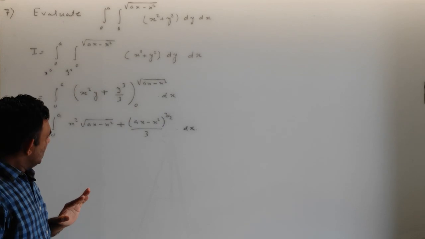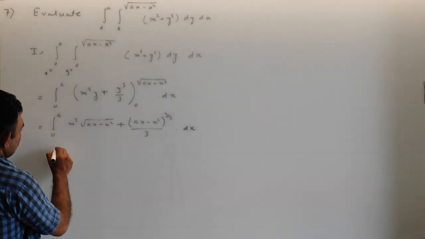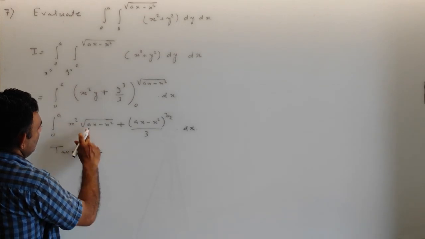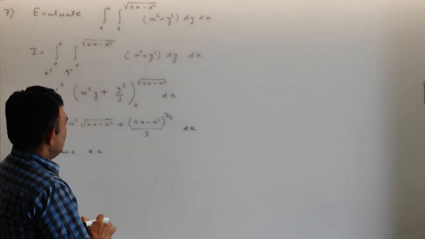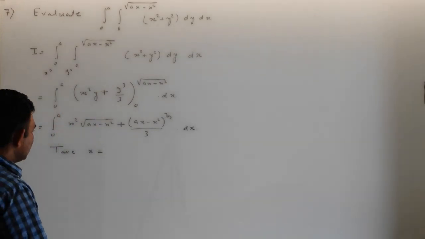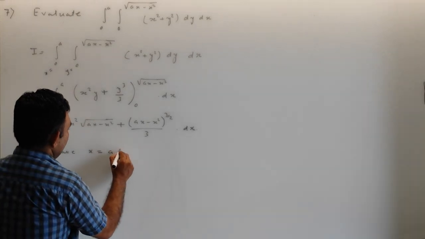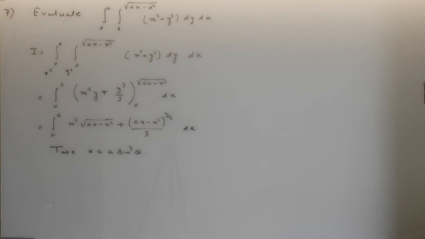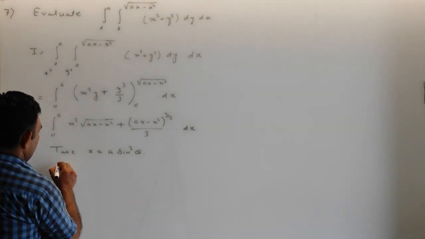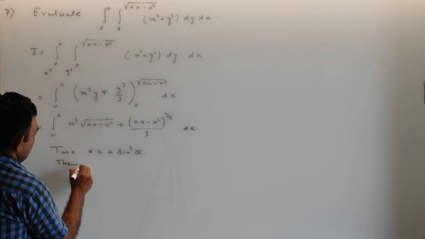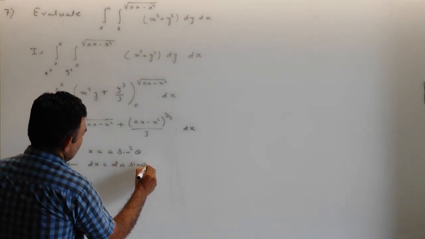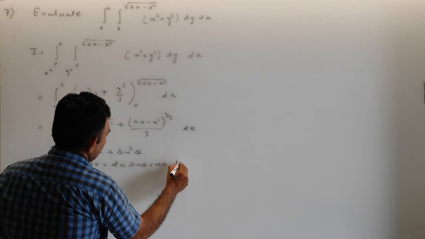It seems complicated, but it is very easy. See, you take this substitution. From this term ax minus x square, I get an idea: if I consider x equal to a sine square theta, then my dx will be 2a sine theta cos theta d theta.